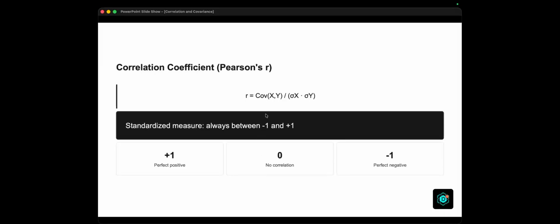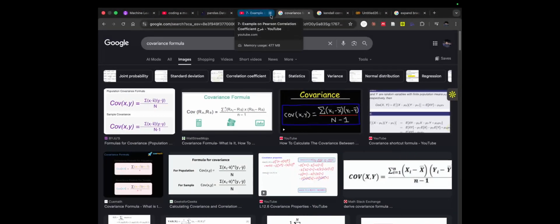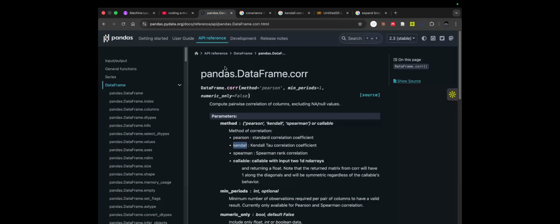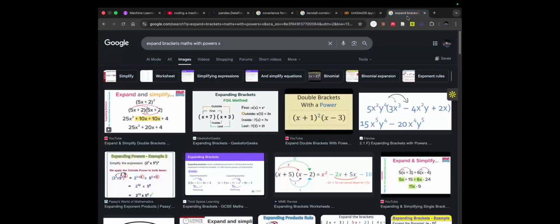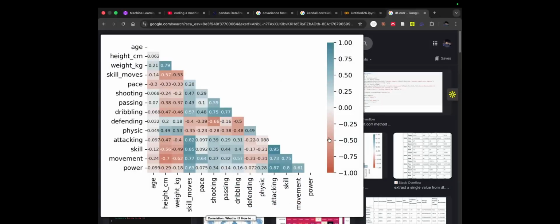Now, if you worked with machine learning before, you probably found something called correlation, to get the correlation of some values. So if you write df.corr and you check the images here, you have definitely dealt with things like this. And if you didn't, it's fine. We will deal with this again.